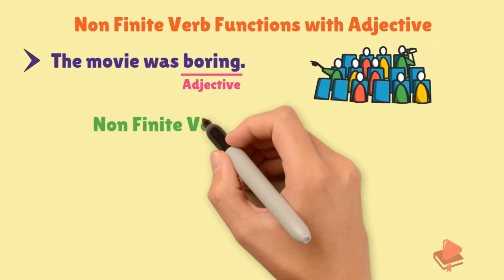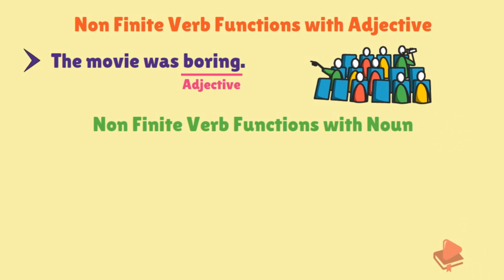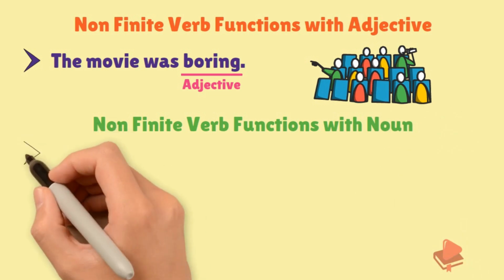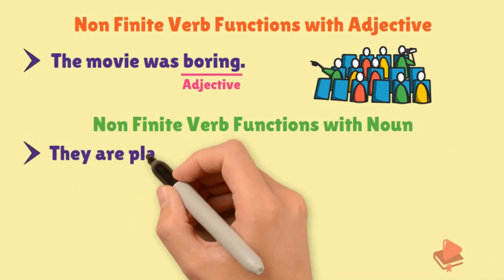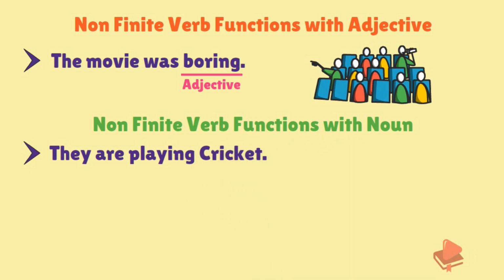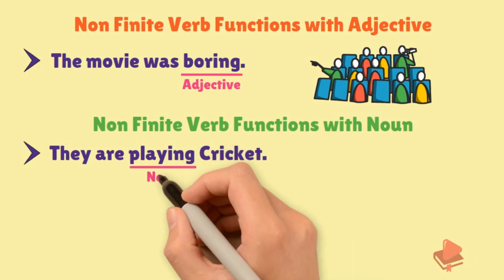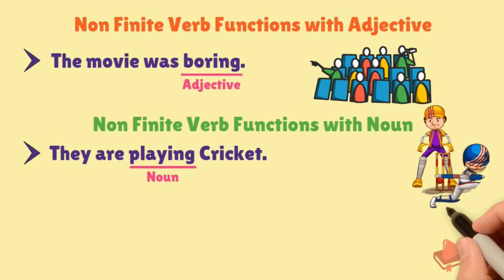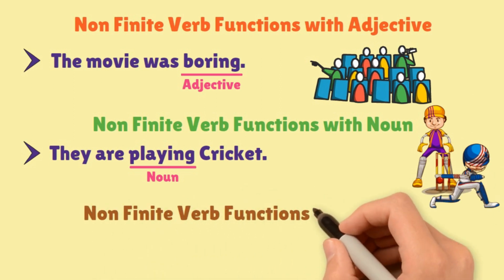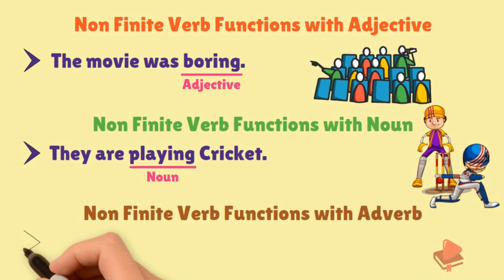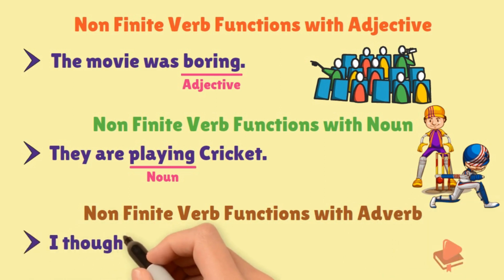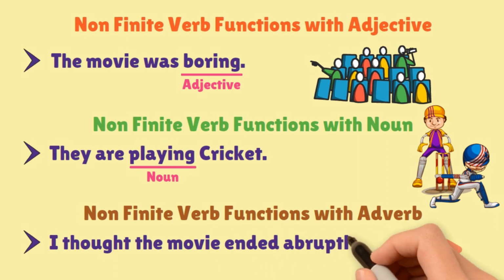Let's understand how it functions with noun with example. They are playing cricket. Here, playing functions as a noun in the sentence. Now, let's see how it functions with adverb with an example. I thought the movie ended abruptly.